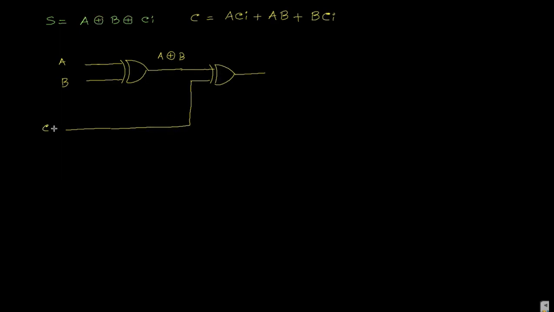This is your Ci. Then the output becomes A XOR B XOR Ci. This is nothing but the S. So here we get the output S.